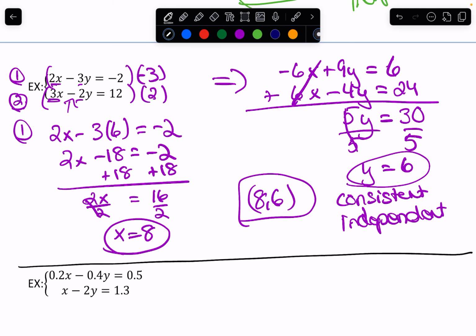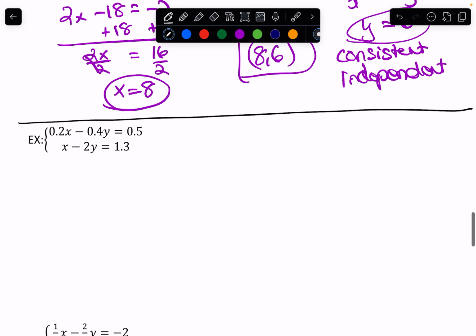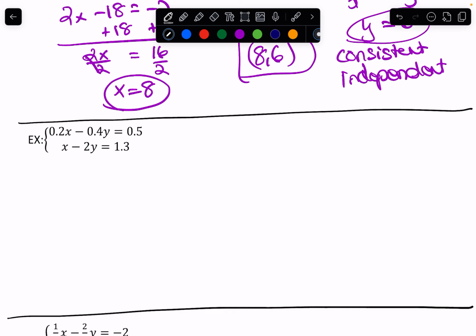Okay, next one here. We've got decimals. So the same thing, we need to make sure that we multiply so that we get the opposite coefficients.